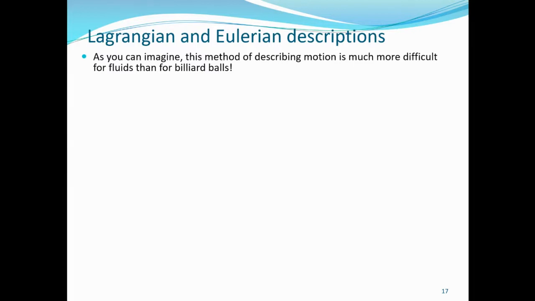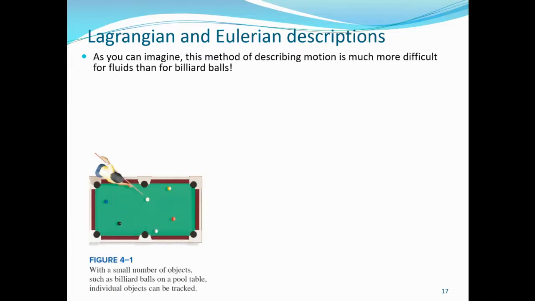You can imagine this method of describing motion is much more difficult for fluids than for billiard balls. When you have, let's say, snooker or billiard balls, you can trace the movement and velocity of each one. With a small number of objects, such as billiard balls on a pool table, individual objects can be tracked.